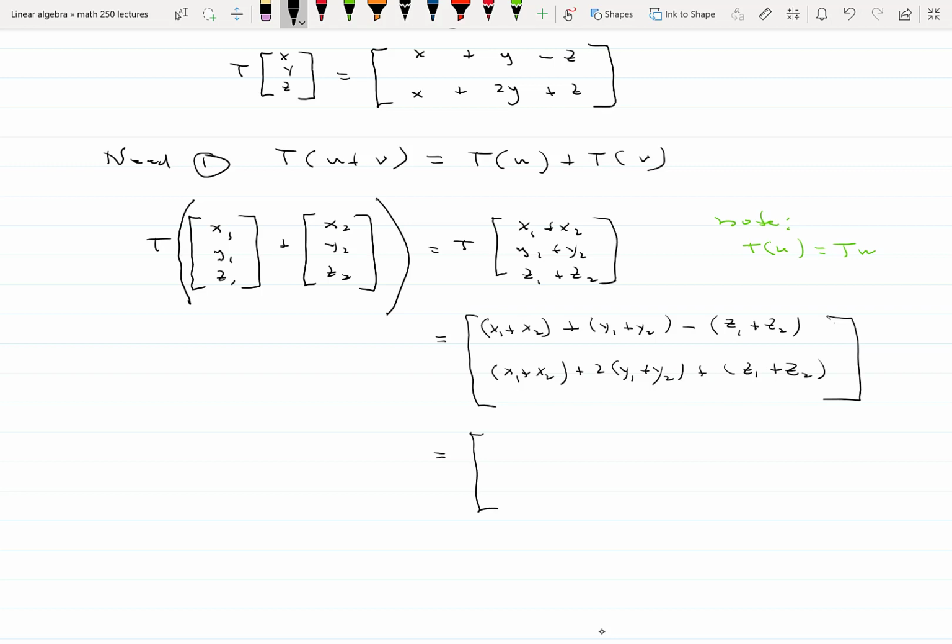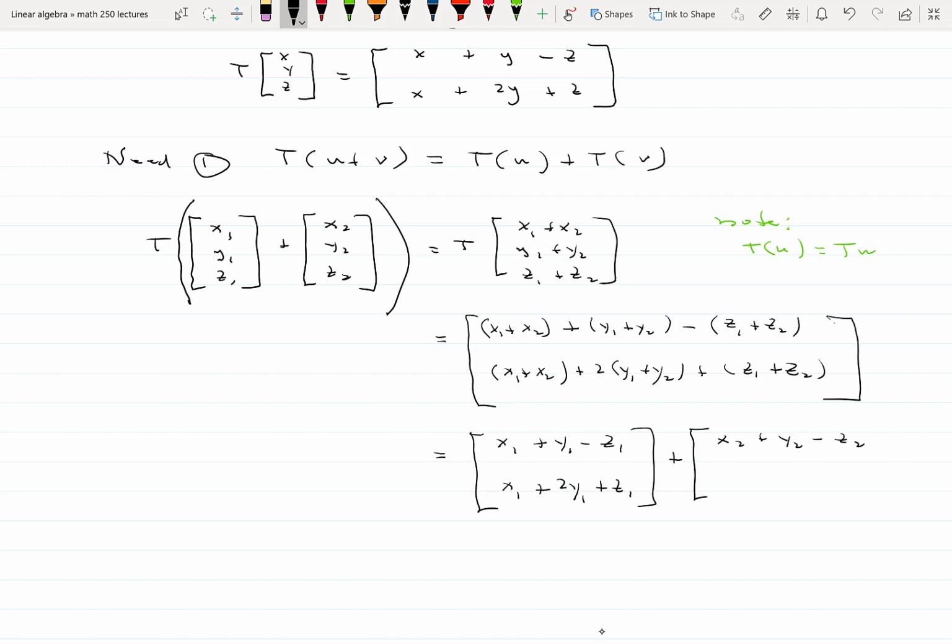Well, I'm going to rip apart this column vector. I can write this as the column vector x1 plus y1 minus z1, x1 plus 2y1 plus z1, plus the column vector x2 plus y2 minus z2, and so on.